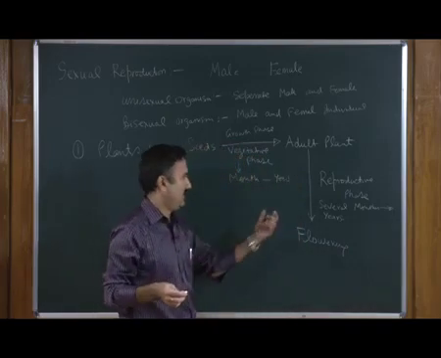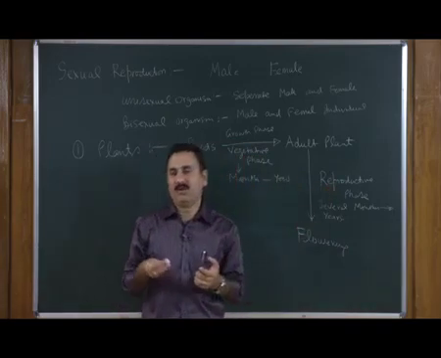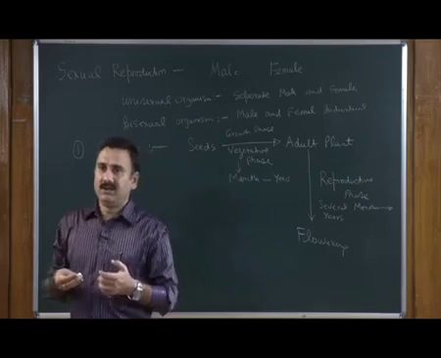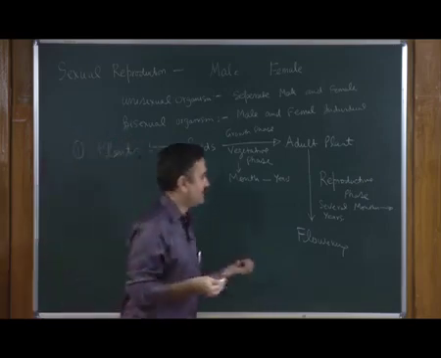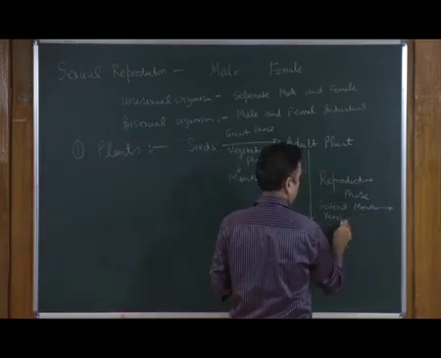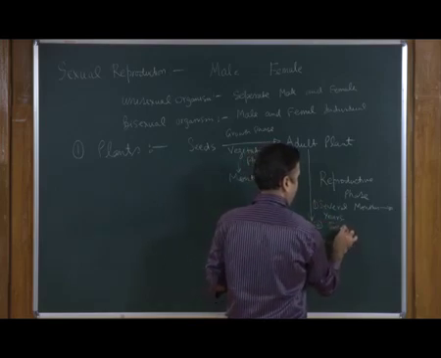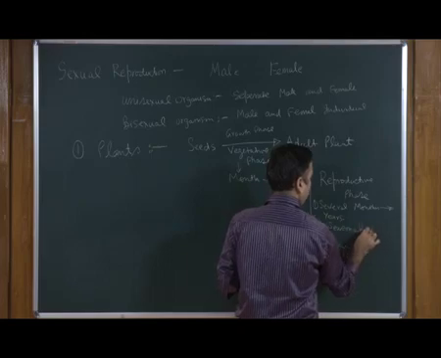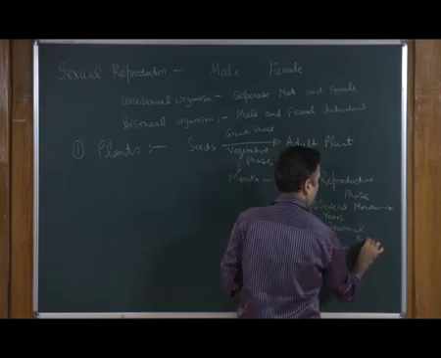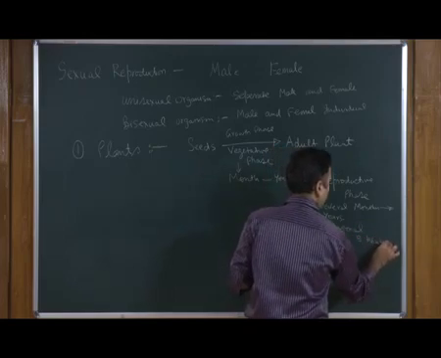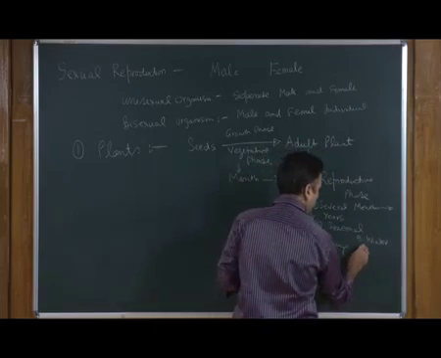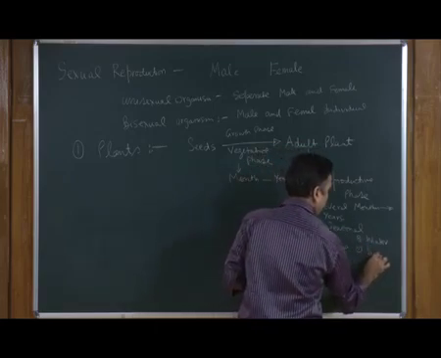Sometimes the reproductive phase is also very much linked to the season. For example, some plants have the reproductive phase in the winter season, so this is also seasonal, and some plants may have the reproductive phase in summer.